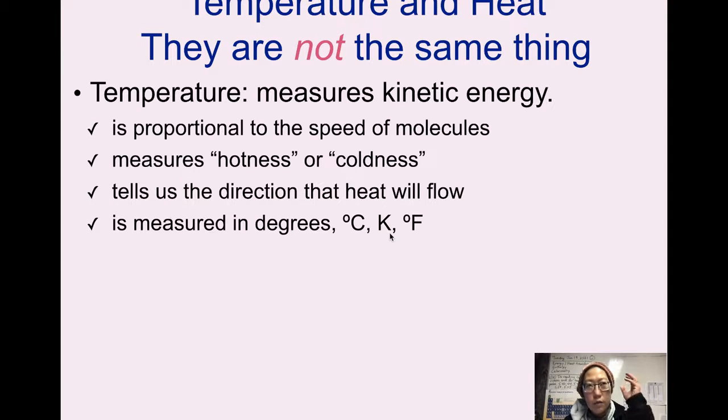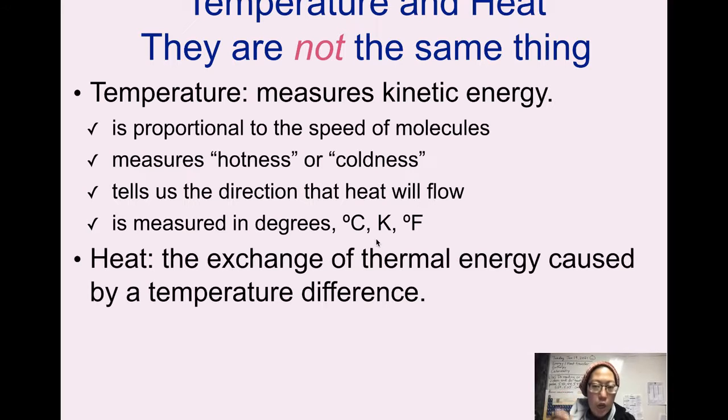So heat's always going to flow from the hotter thing to the colder thing, because the kinetic energy will be transferred, okay, from an area of higher kinetic energy to an area of lower kinetic energy until the collisions are transferring the energy and spreading it out so that the heat no longer gets transferred and the temperature stops changing.